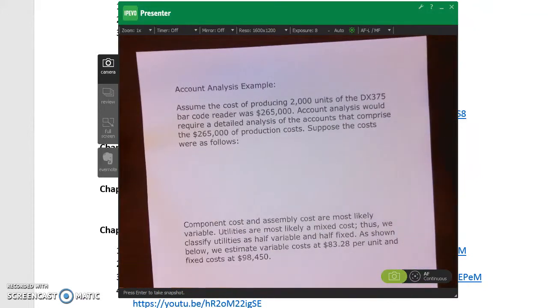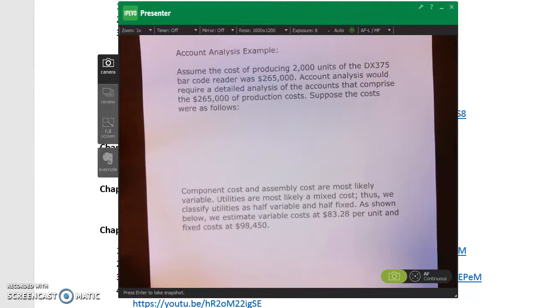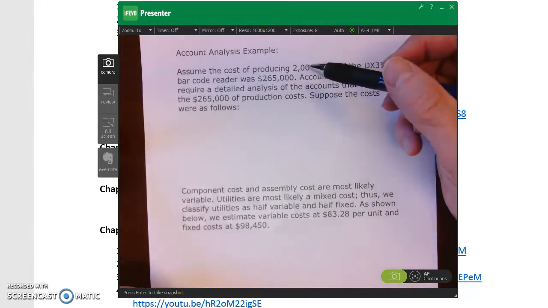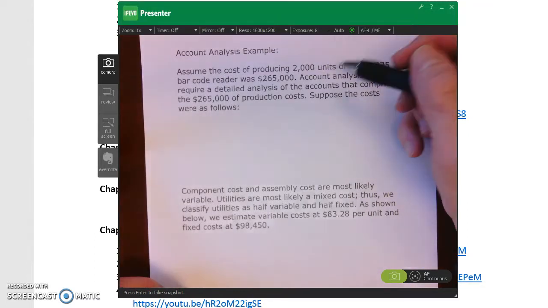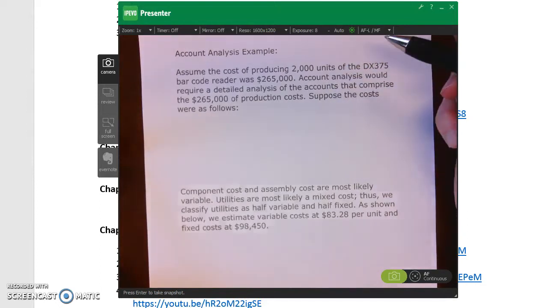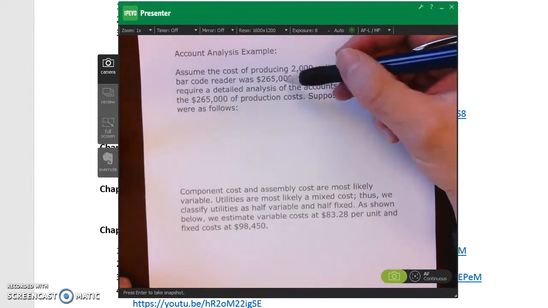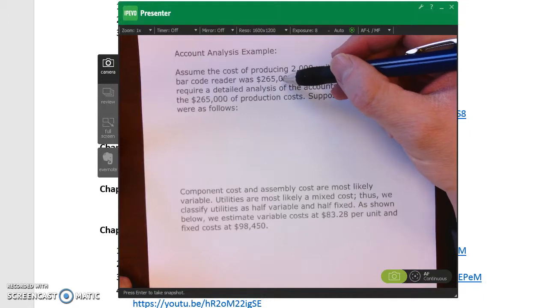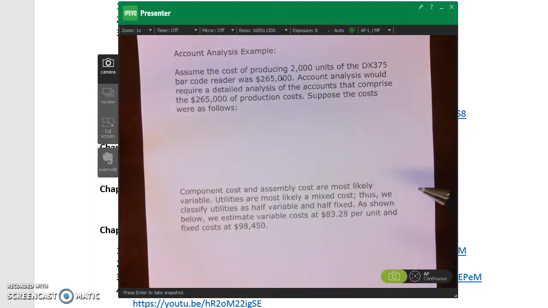Assume that the cost of producing 2,000 units of our barcode reader was $265,000. The first thing that we would have to do with account analysis is do a detailed breakdown of this 265. What are the costs that comprise this 265?